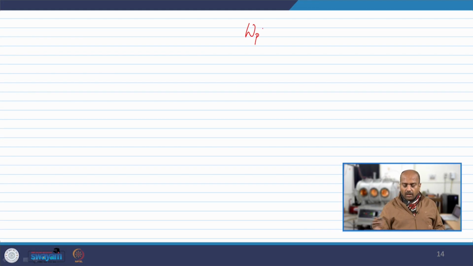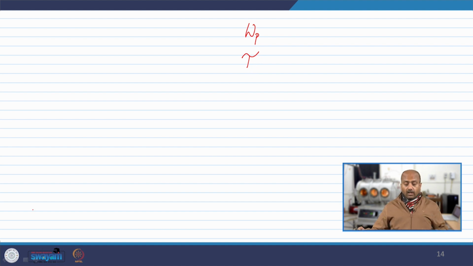We have this frequency ωp, which is indicating the characteristic oscillation frequency of these electrons. That means electrons are oscillating with this frequency. Now, we define a time period, let's call it τn.